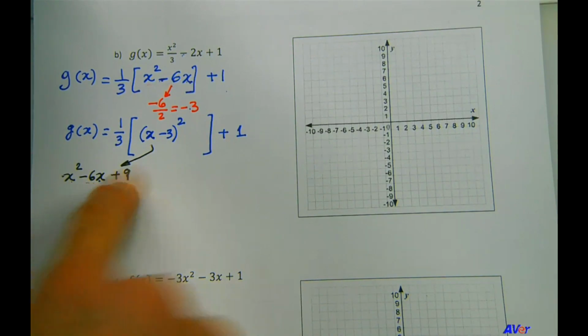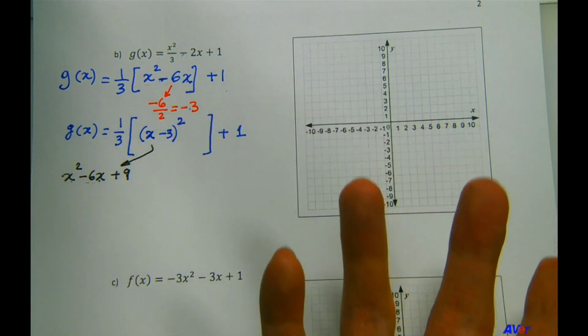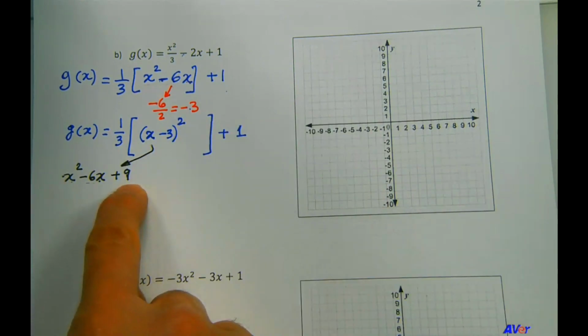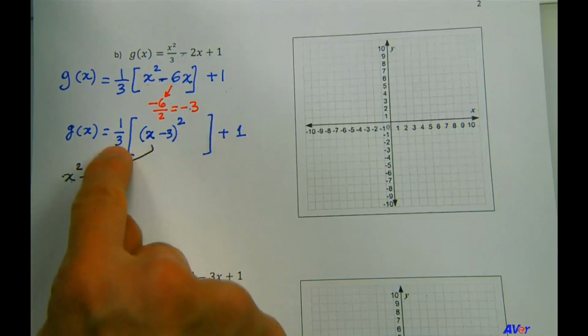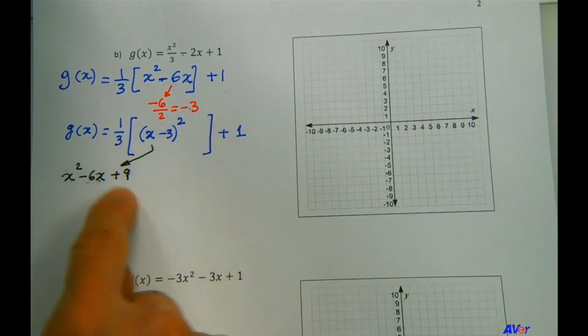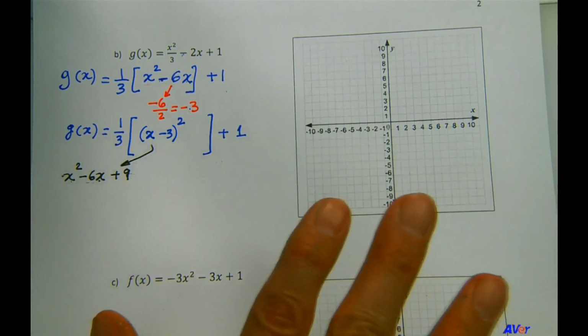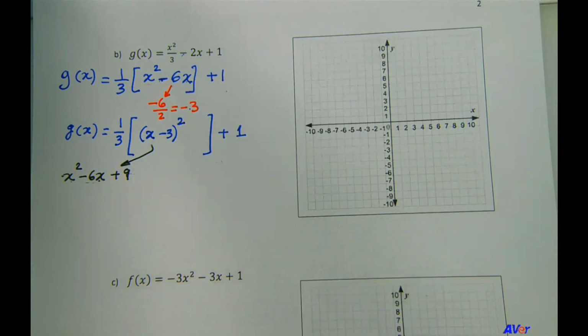We're going to end up with 9/3, which is a positive 3. So we're going to end up with a plus 3 from here. 1/3 times all of that, we're going to end up with a plus 3 that we do not need, right?